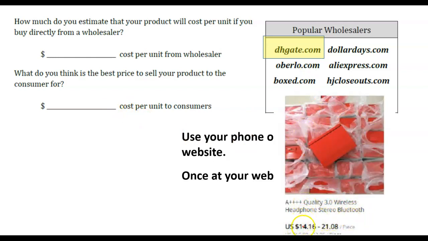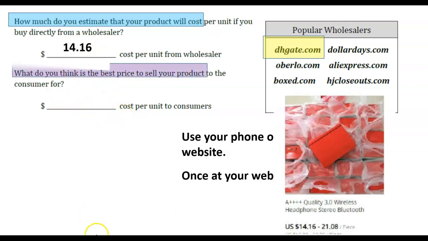And I found this wireless headphone stereo Bluetooth. DHgate will sell it to me for anywhere from $14.16 to $21.08. I chose the cheaper of the options. So how much will it cost? I'm guessing about $14.16. You want to make a profit, so make sure whatever you're going to charge the consumer, make sure it's higher.